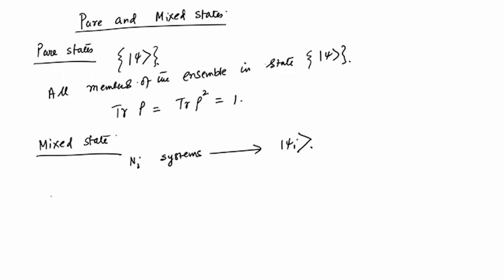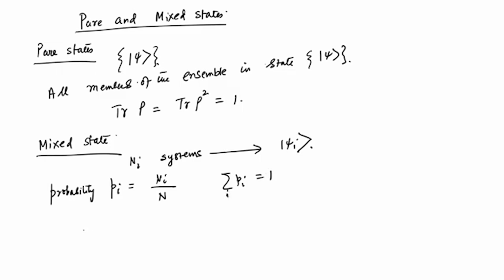So, one can define a probability Pi equal to Ni over N, which is the fractional number of ensemble members in a state psi i divided by the total number, with the condition that the sum of Pi over all i is equal to 1.